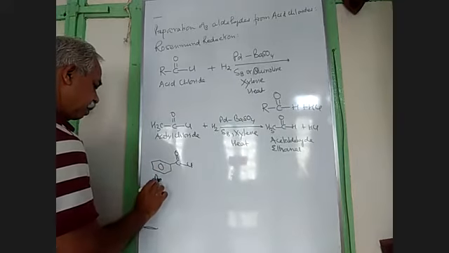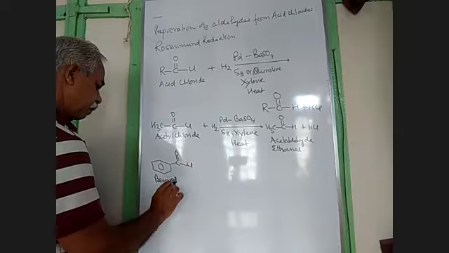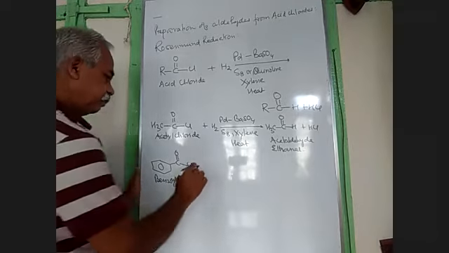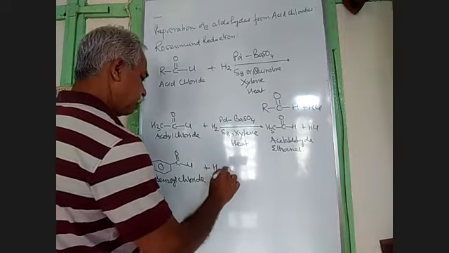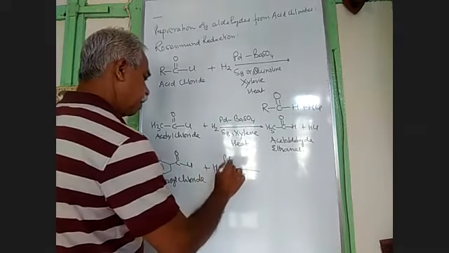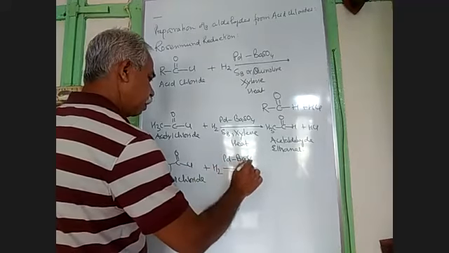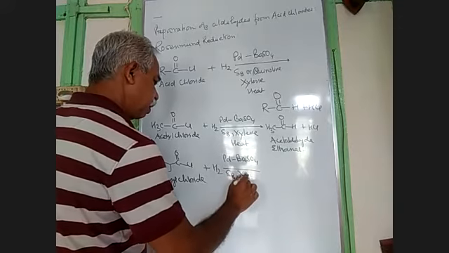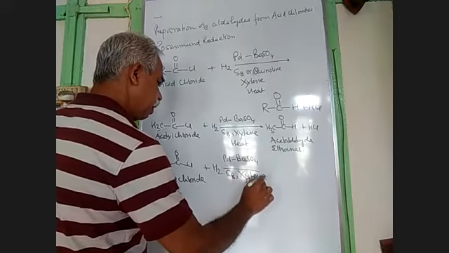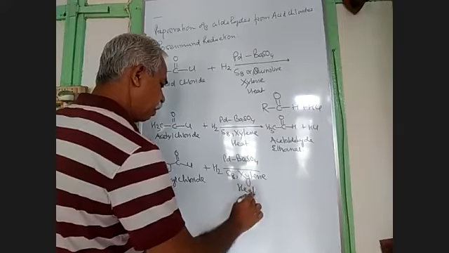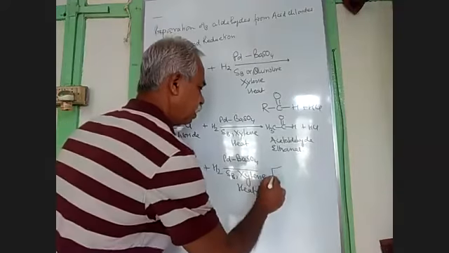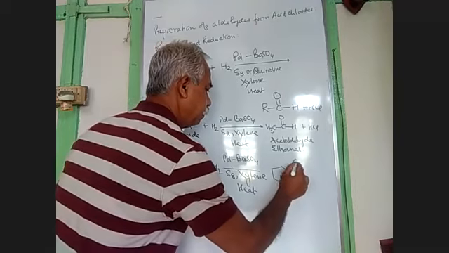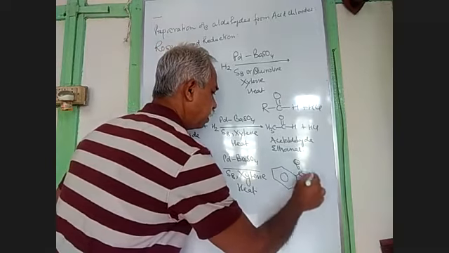It's called benzoyl chloride plus H2, palladium, barium sulfate, xylene, heat. You will get here benzaldehyde and HCl.